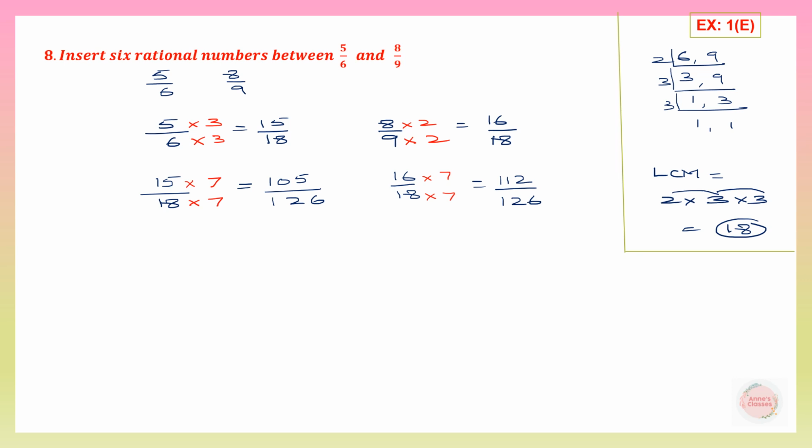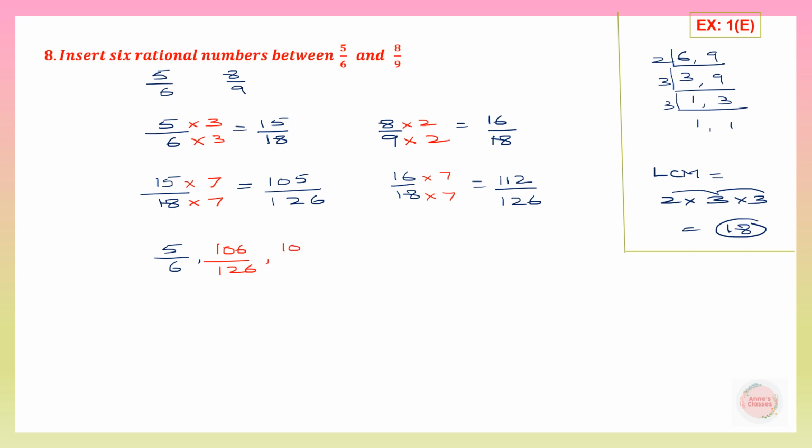So here, let's write the first one. The first one is 5 by 6. And then we start writing the other rational numbers that we found. We have to find 6 rational numbers. So here we have 105. We're going to start with the next one, 106. So that is 106 by 126.